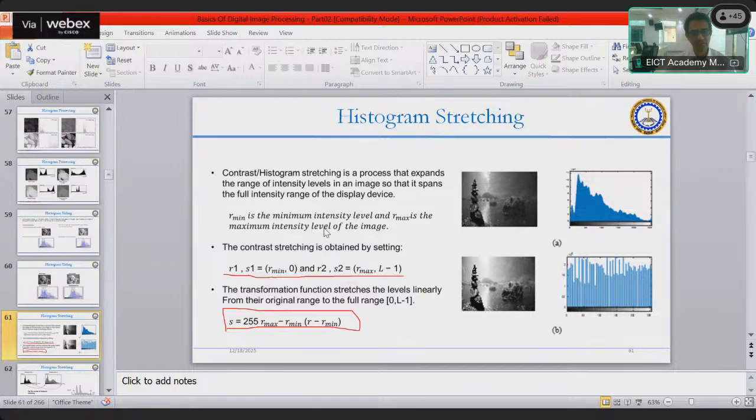This is the histogram stretching. Are you able to see it? Yes, this is the one.